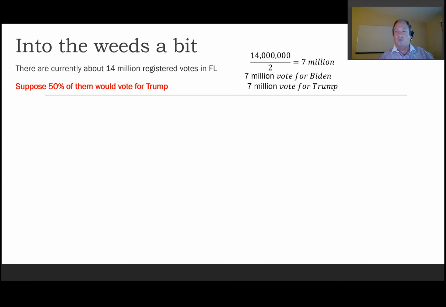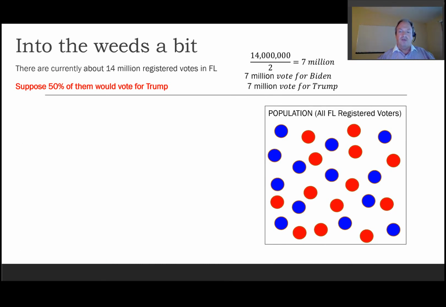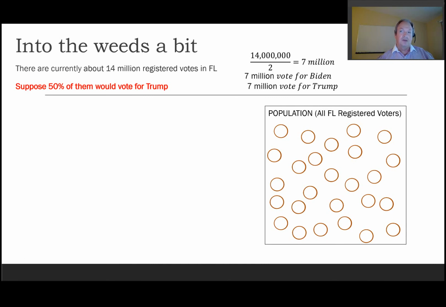But I just want to illustrate a point. So here's my population. Of course, I don't know the political affiliation of these people. This is what I have to figure out. And so let's particularly pick this specific voter and ask, would they vote for Trump? And before we pick them, we know the probability is 50%.